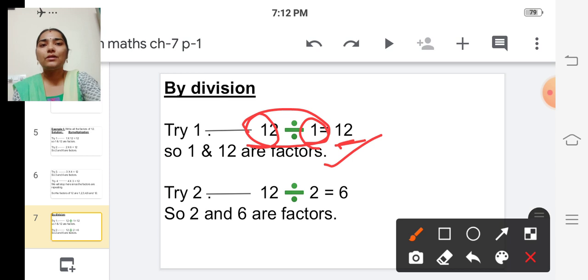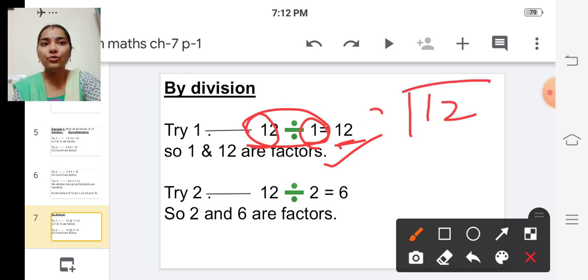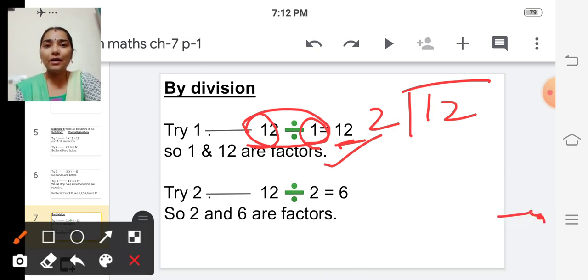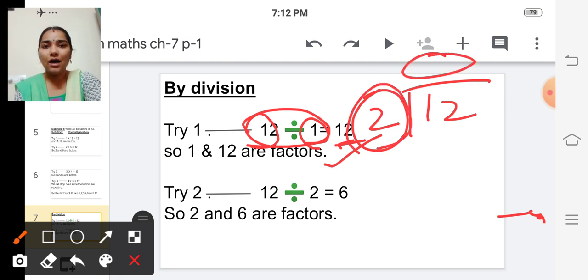Next, if we divide 12 by 2, we shall see whether the remainder comes 0. If the remainder is 0, then the quotient and the divisor are the factors. First, we should get remainder as 0.